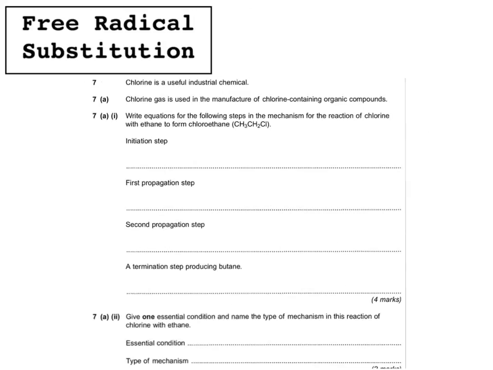So this next question asks us to draw the free radical substitution mechanism for the reaction between ethane and chlorine to make chloroethane. So our initiation step again is our halogen splitting in half to make 2 free radicals, and our first propagation step is going to be that free radical reacting with ethane, which is C2H6, to make HCl.